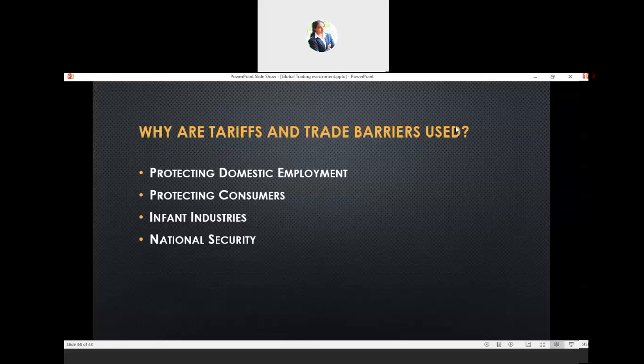Now, the next reason could be retaliation. Countries may also put up tariffs as a retaliation measure if they think that a trading partner has not played by the rules.